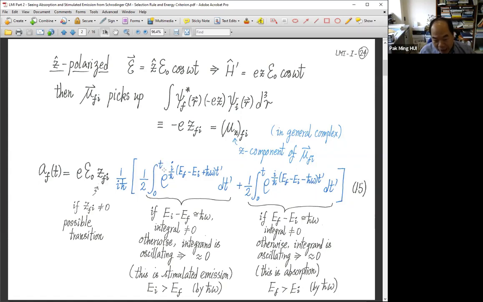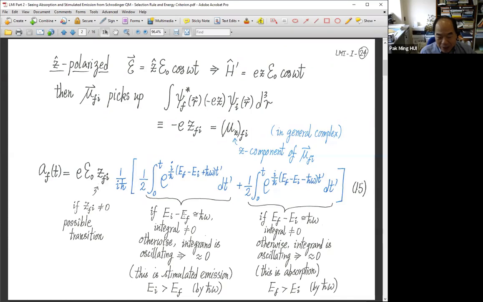But there is one case that this will integrate to something. What if this thing is 0? If this thing is 0 or close to 0, then you will have a 1 in the integrand. Of course, this integral will be t. All right?